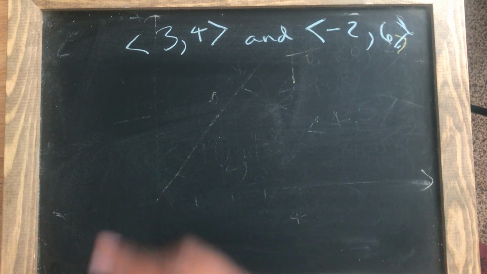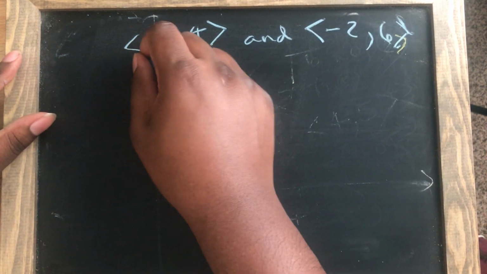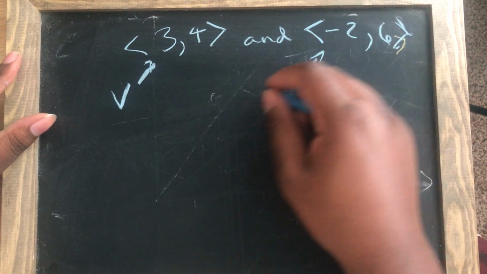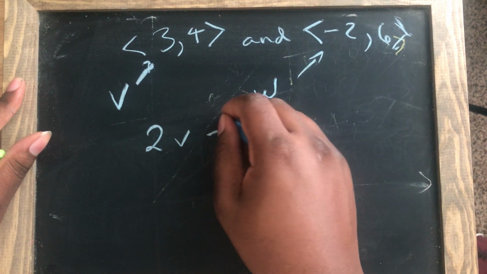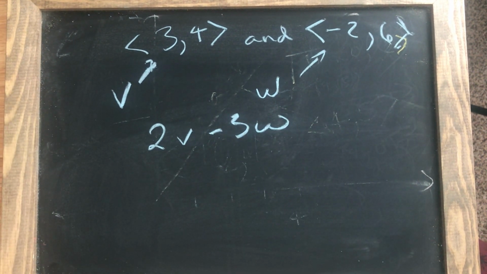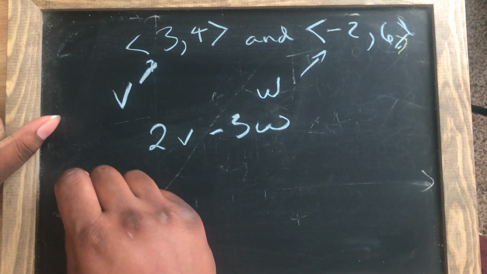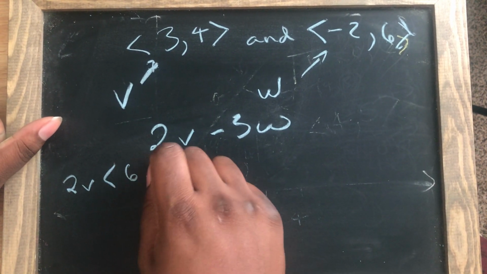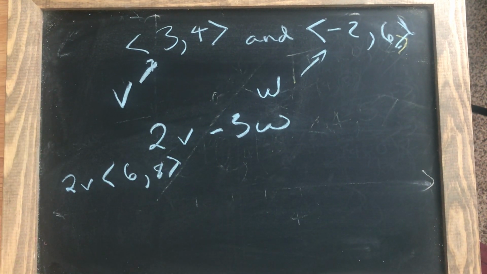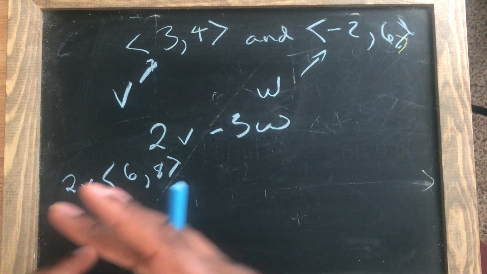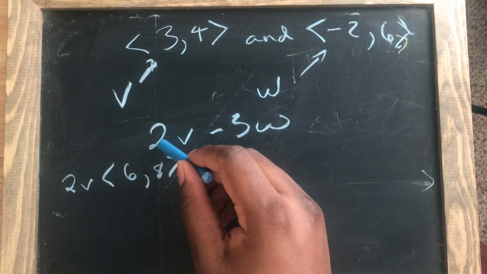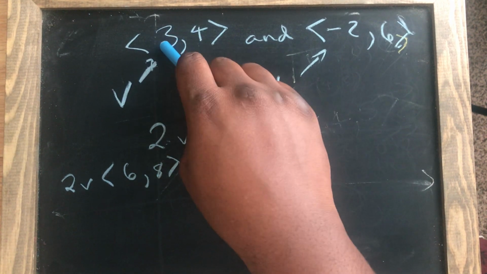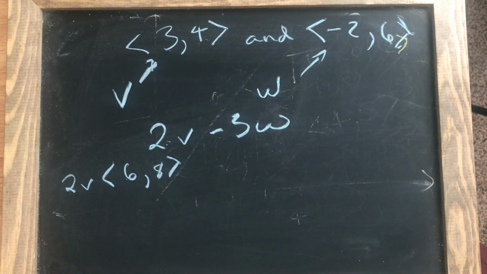Let's call the first vector V and the second vector W. And I ask you, what is 2V minus 3W? It's real simple. First of all, 2V has to be (6, 8). In other words, I've just multiplied by a scalar. I have scaled it, made it bigger by a factor of 2. So you just multiply each of these components by your scalar, which is 2 in this case. So 2 times 3 is 6, and 2 times 4 is 8.